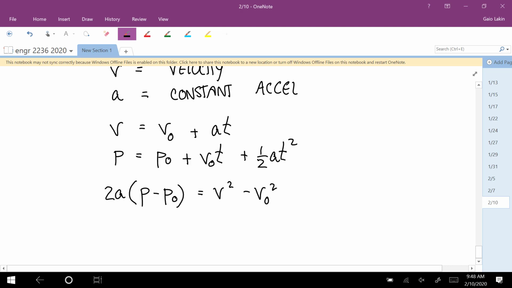So for any one-dimensional motion, those are helpful. There's also vector versions of those, but when you took physics 1, it's possible you used slightly different notation, but everybody in physics 1 did stuff like that.